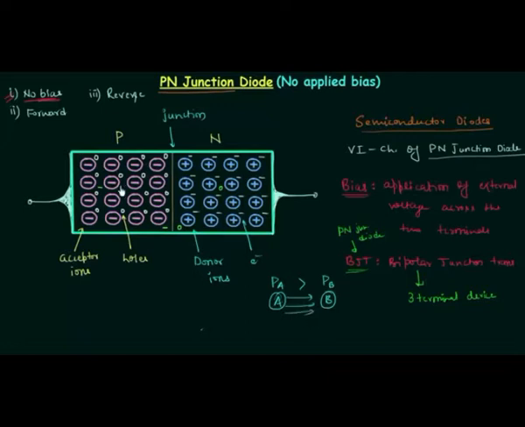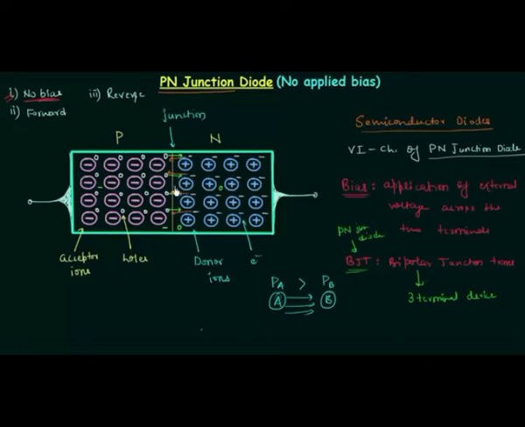On the P side, the concentration of holes is higher, so holes will move towards the N side like this. And the concentration of electrons is more on the N side, so electrons will move to the P side like this.